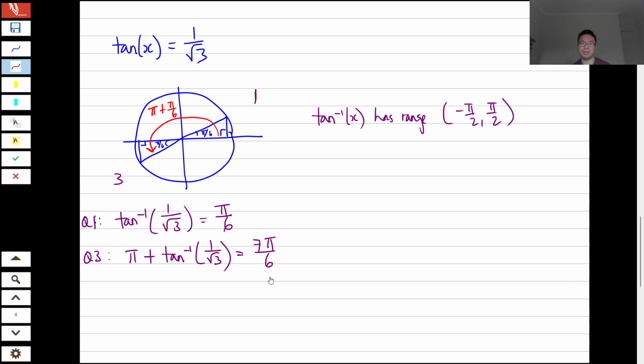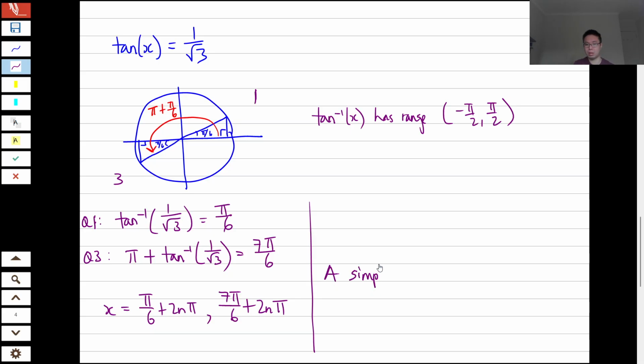Now, one thing you should be seeing here is every time I add pi, I get another solution. So I could write x equals pi on 6 plus 2n pi and x equals 7 pi on 6 plus 2n pi. But a better way to write this, and I'll say it's more efficient as well, is to recognize that tan has period pi rather than period 2 pi.